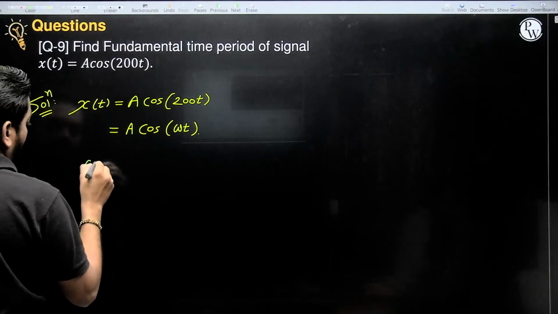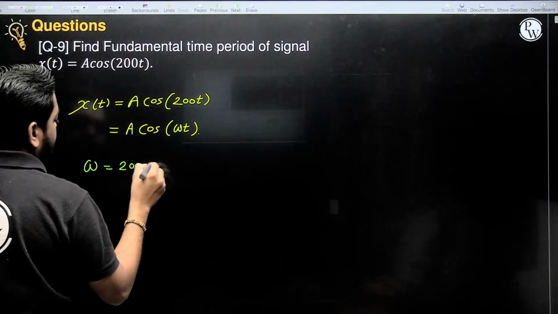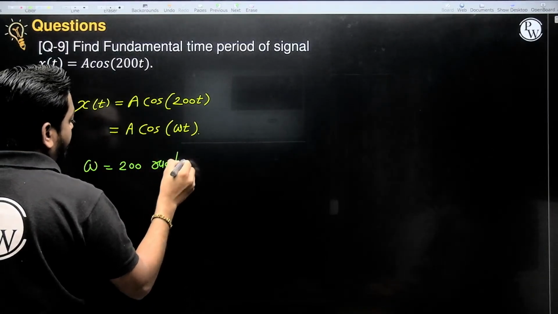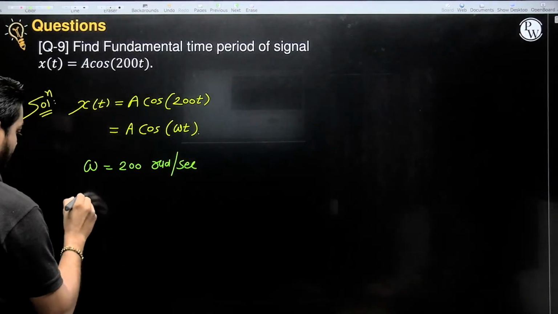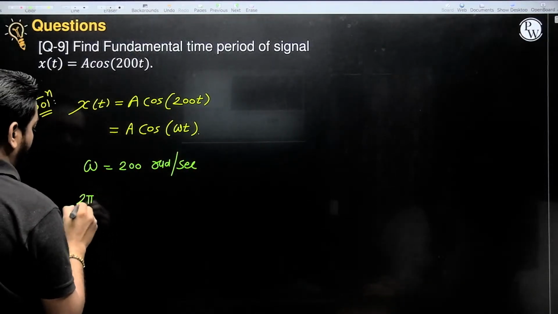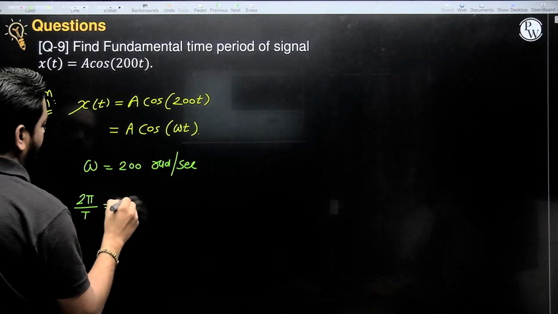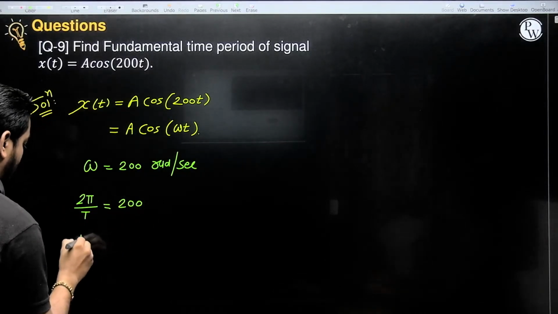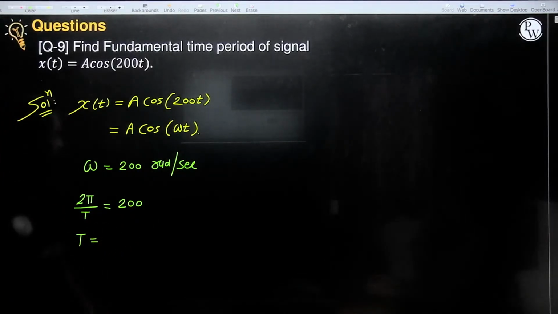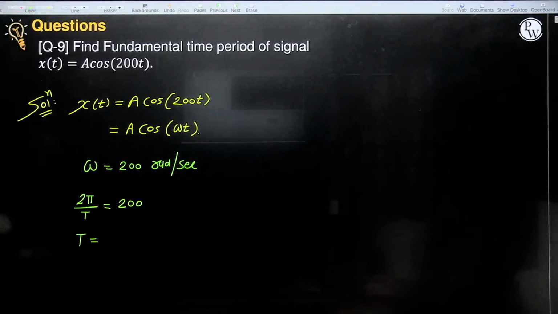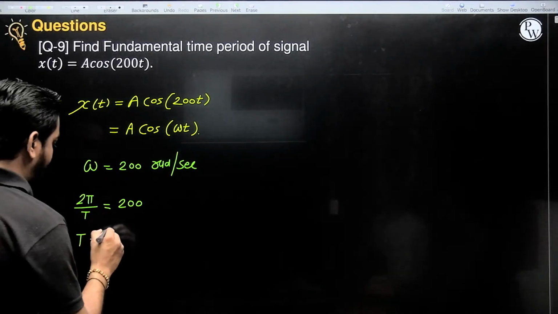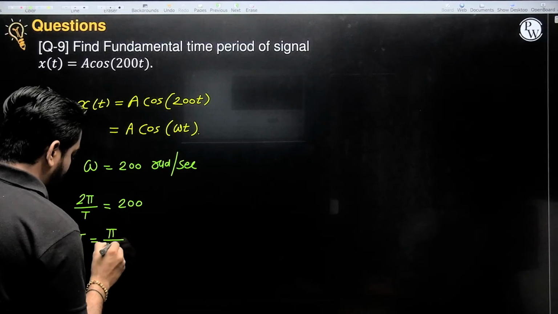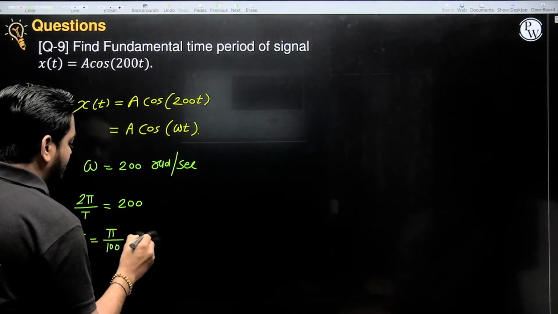From here, omega is equal to 200. This is the angular frequency, 200 radian per second. It is nothing but 2 pi by capital T. So the fundamental time period is pi by 100 second.